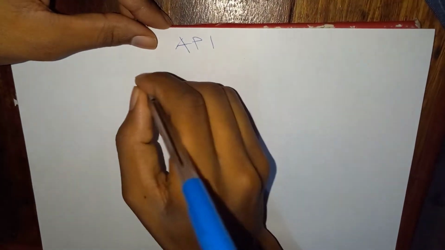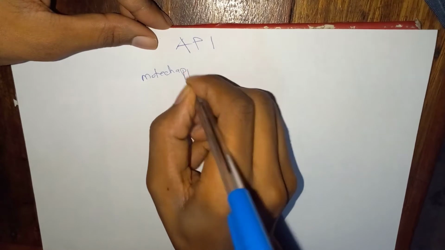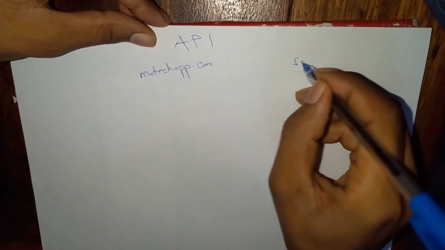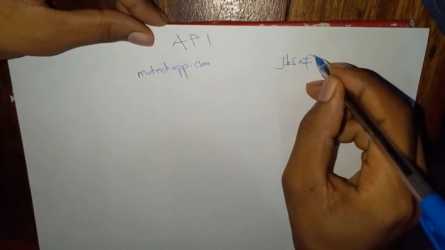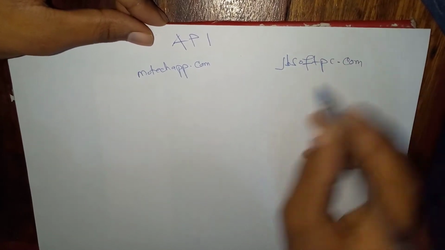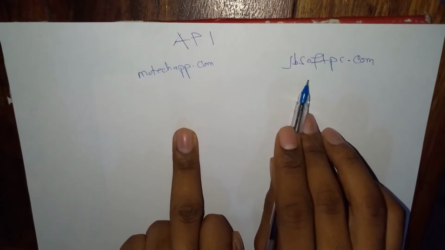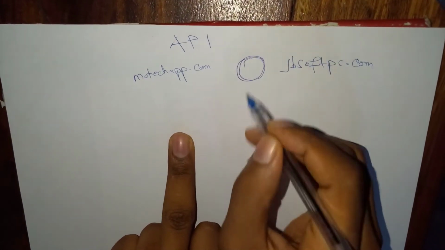For example, here we have motechapp.com, right? This is my system, and here there is jbsoftpc.com. So these two applications want to exchange data. So here there is something called the API.